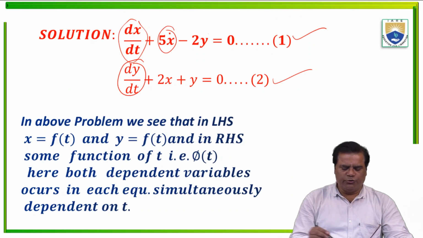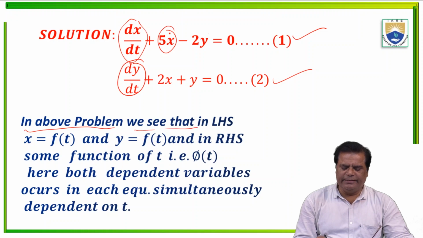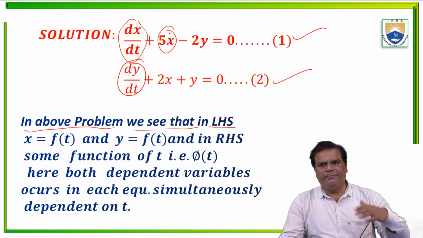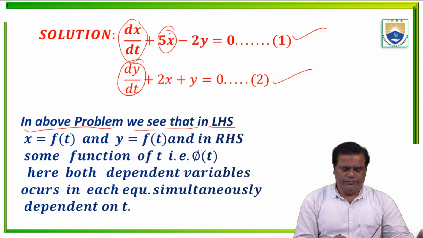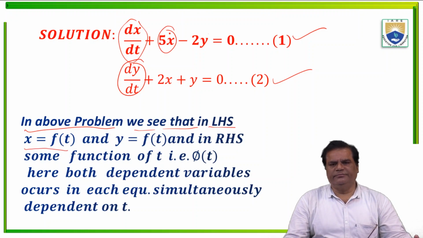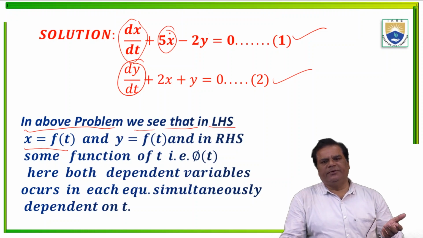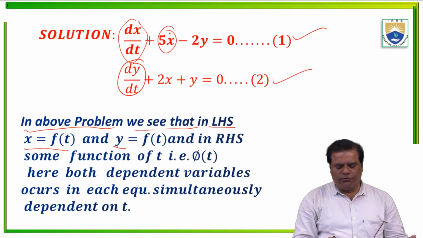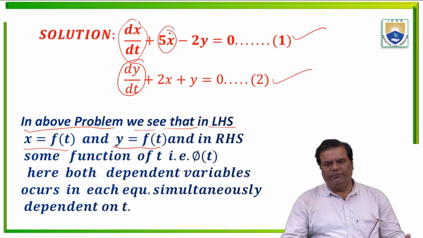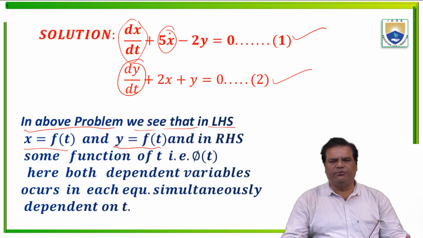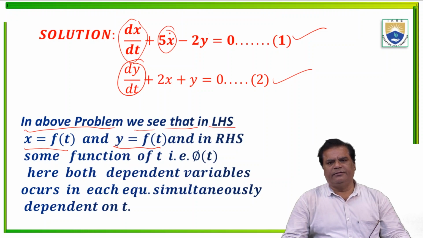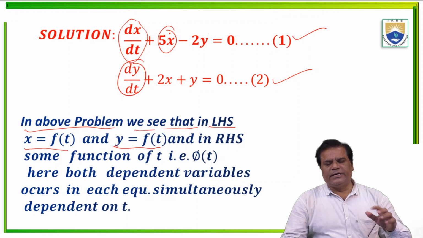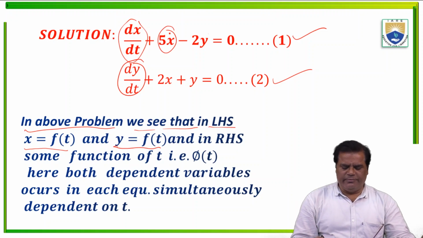So with the help of equations 1 and 2, we can find the value of the two dependent variables x and y. In our problem, on the left hand side, x is some function of t, because x is differentiated with respect to t, and y is also some function of t, differentiated with respect to t. So x and y are dependent variables, both dependent on t, but t is the independent variable.